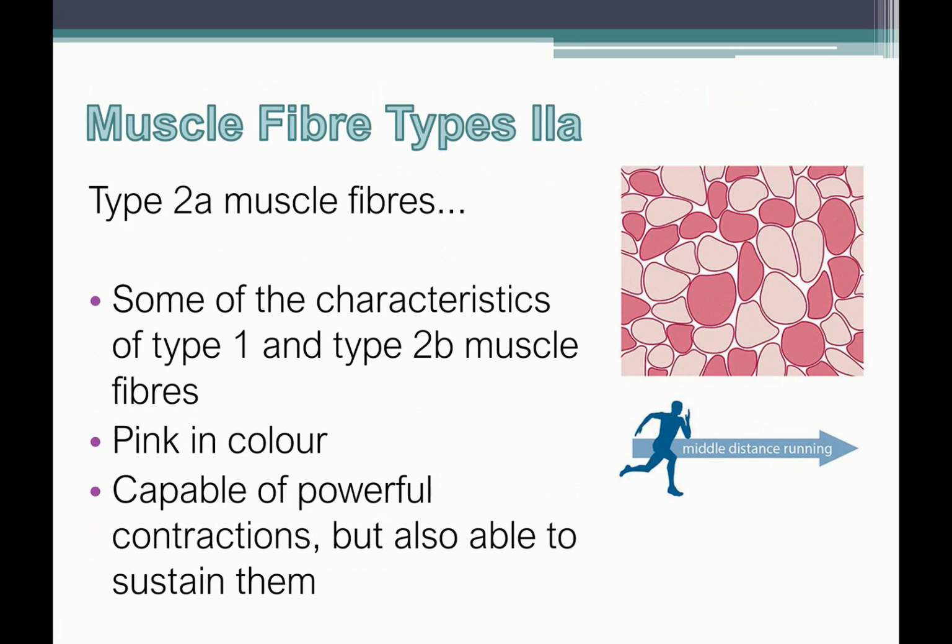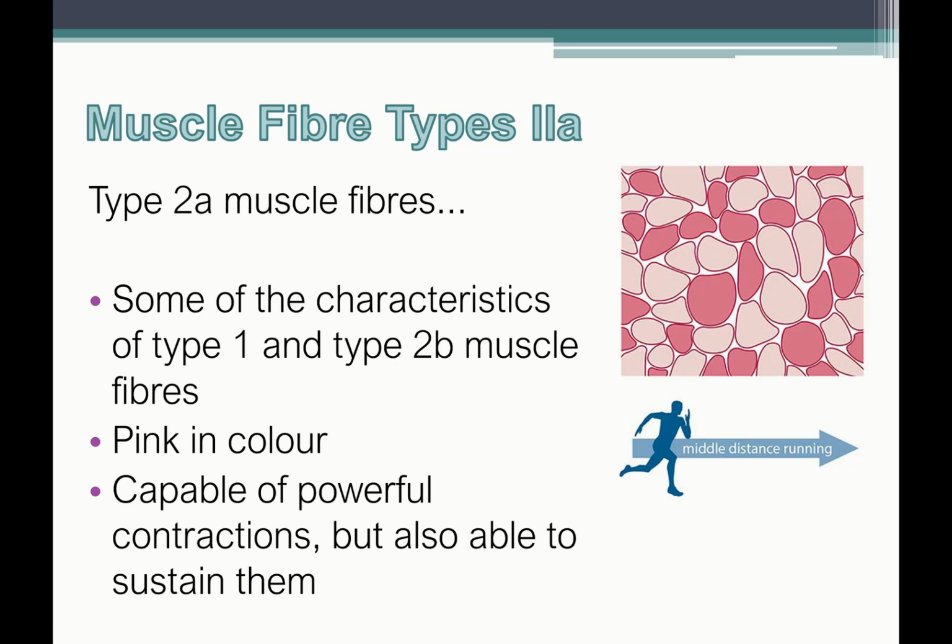And then lastly, in between a slow twitch fiber, type 1 fiber, and our fast twitch fiber, type 2X, we've got what's known as a type 2A fiber. So this really is a hybrid of those two and contains characteristics of both of those individual muscle fiber types. Because of this, it's pink in colour because it's able to produce energy both aerobically and anaerobically, and it's able to sustain more powerful contractions.